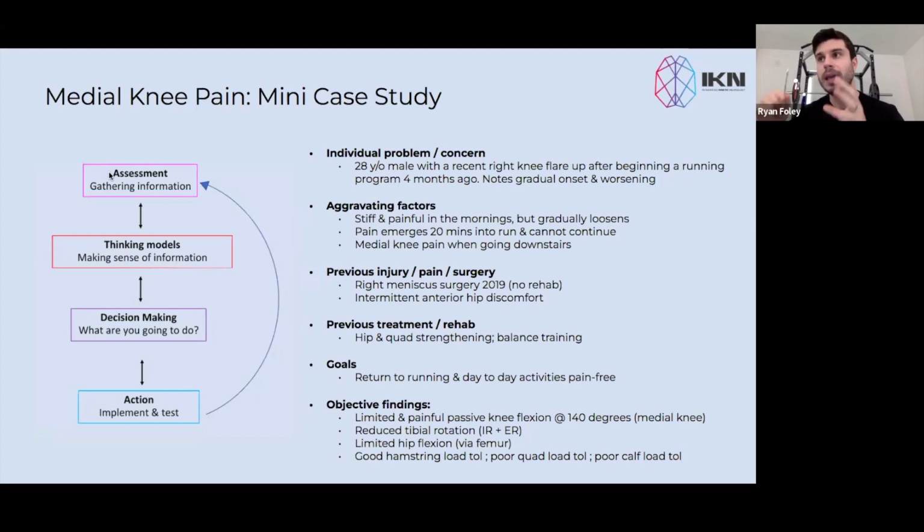That's an example of a model or a lens through which we can make sense of previous treatment and rehab and consider, well, why might the act of doing squats not have helped promote greater load tolerance and force generation through the quadriceps? Potentially because we're just focusing on the task and we're not being considerate about where we actually want to apply that stress purposefully and deliberately from a rehab standpoint.